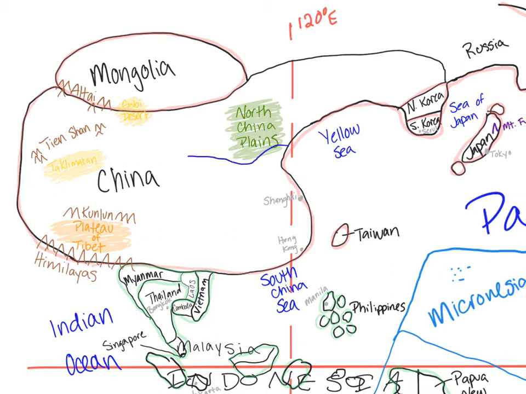And it's going to go all the way to the inner part here. This is the Yellow River. Then we have the Yangtze River. That goes about right there, all the way into the middle.